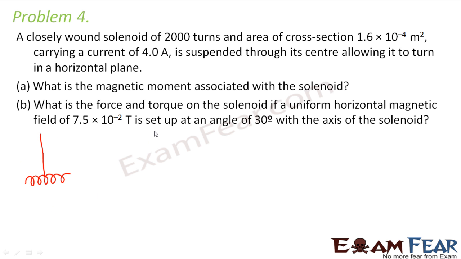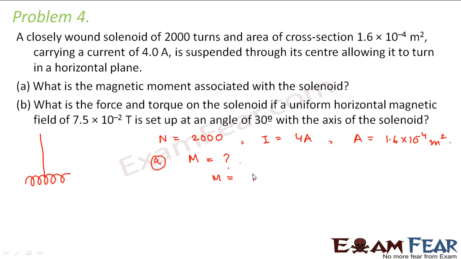So what are the values that are given here? The number of turns is 2000, current carried by it is 4 amperes, and area of cross section is 1.6 × 10^-4 m². In the first part, the question asks us to calculate the magnetic moment associated with the solenoid. How do we define magnetic moment?